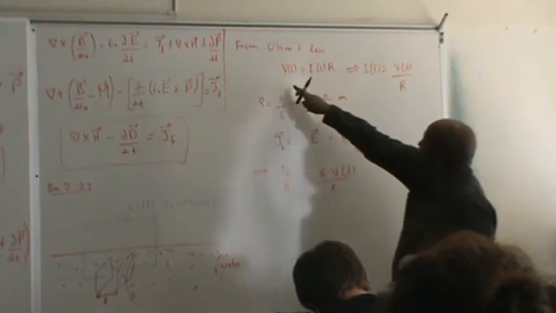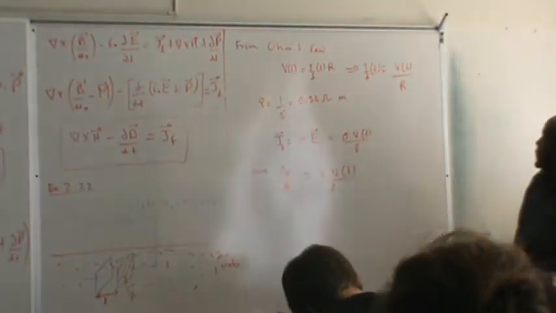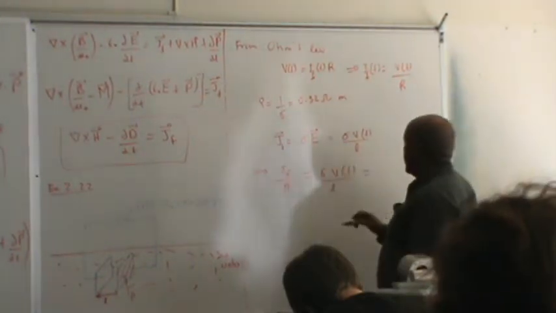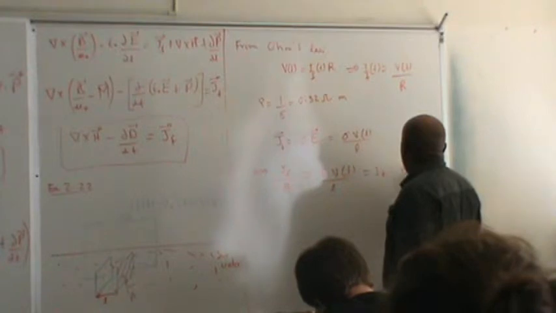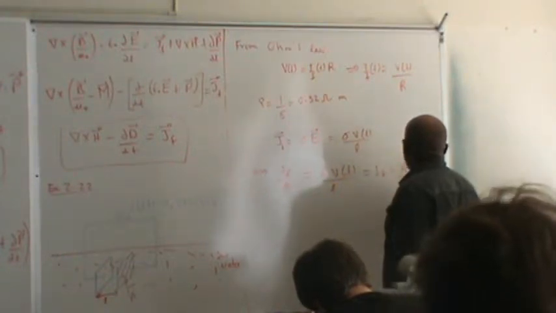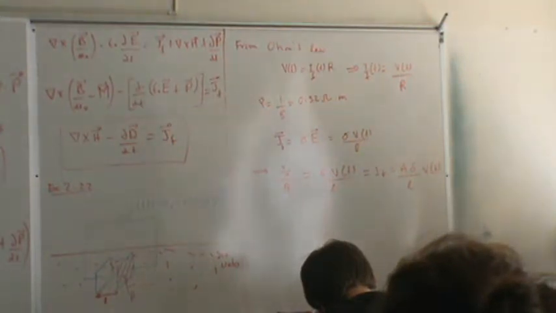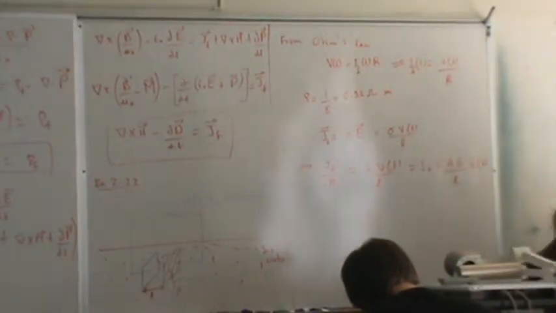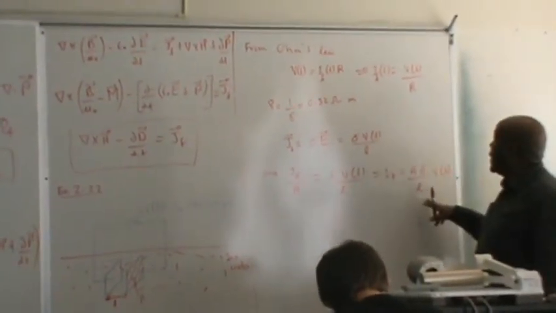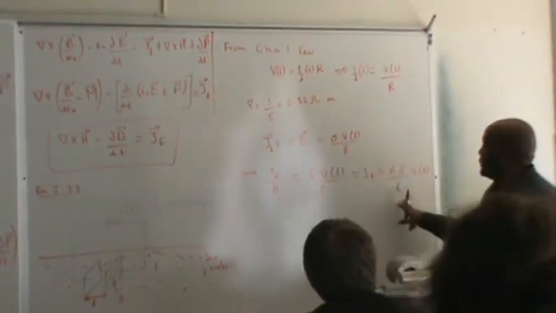So remember, what I wrote here is the free current. So from this, you know that I free is going to be A sigma over L times V of t. So basically, the resistance is going to be what from this equation?